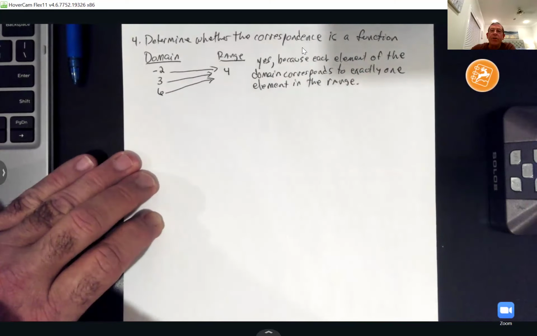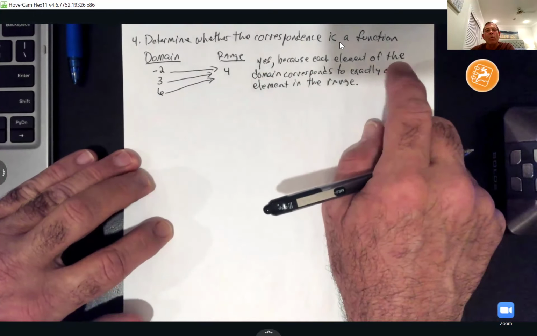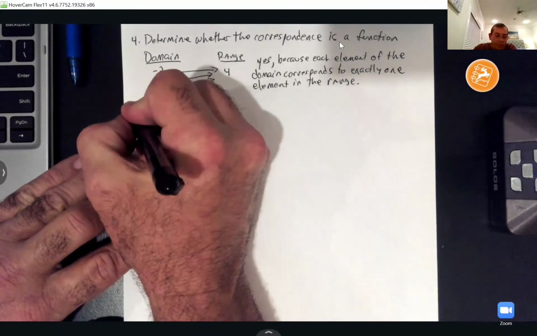Okay, so make sure you get the right reason, because it's the domain that corresponds to one element in the range on those.